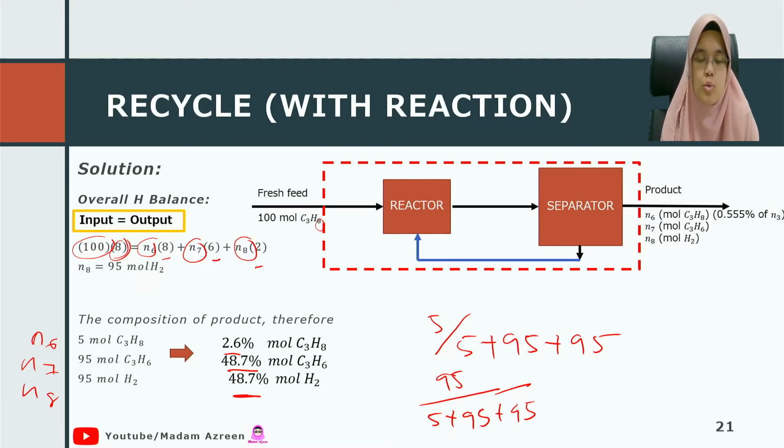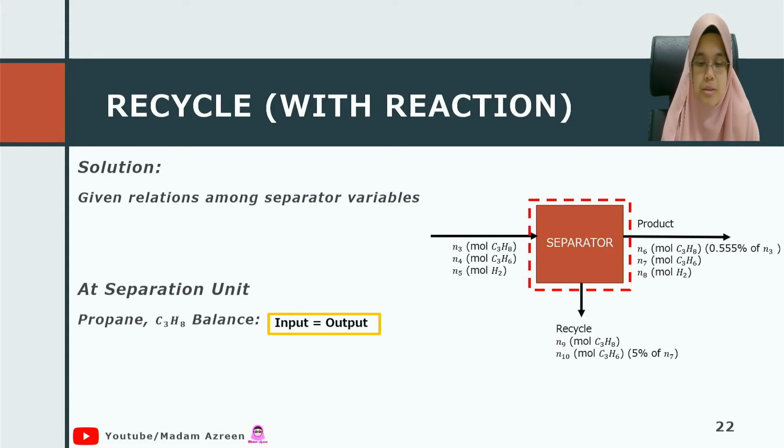Next, we move to another equipment that also has 0 degree of freedom, which is the separator. Remember, you already know this value, so you can continue to calculate the unknown. So for the N6 is equal to 0.00555 N3, so you can straight away get the value of N3.